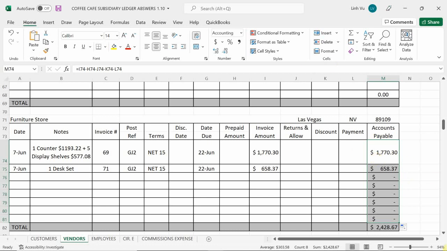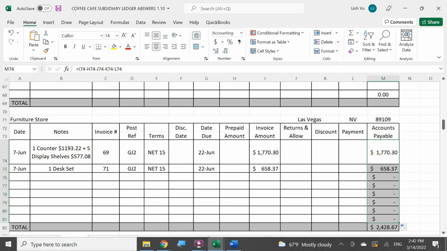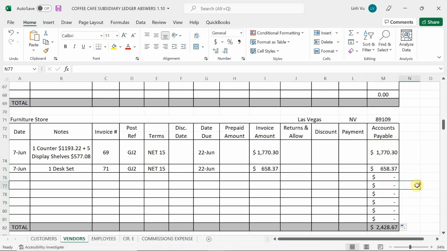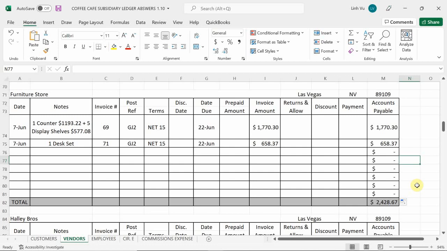So again, this column's only going to give us the separate amount that we owe for the particular bill, but down below tells me what amount I have. Okay, so then in this case, bill number 71 came out to be $658.37. Now, this gray bar right here tells me the grand total amount that I owe this vendor.